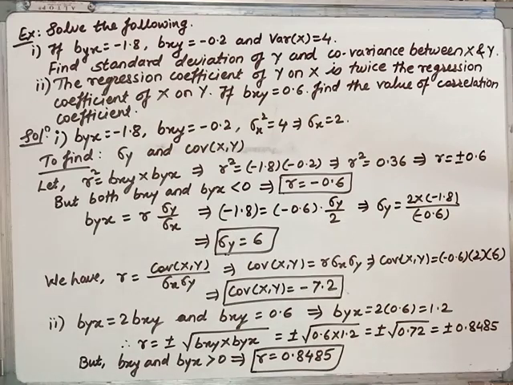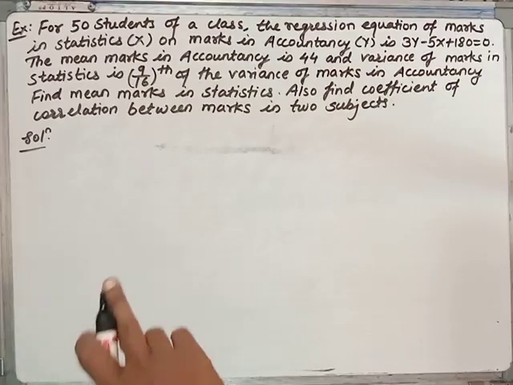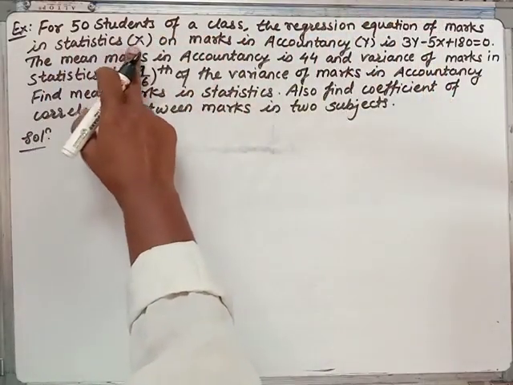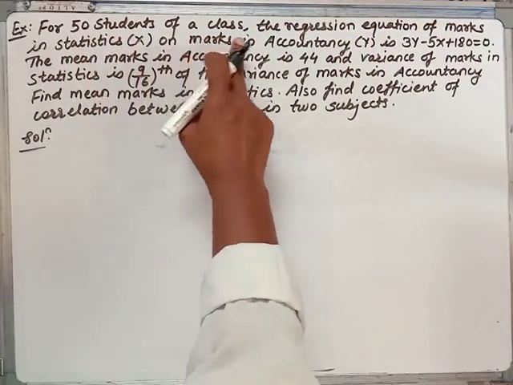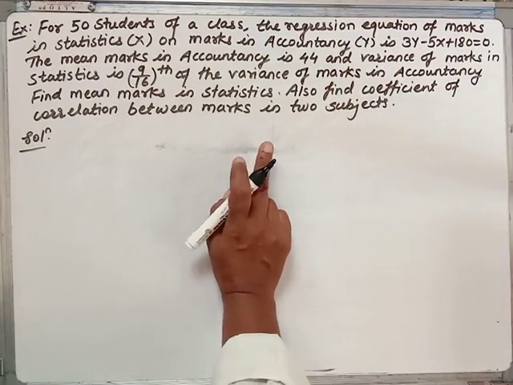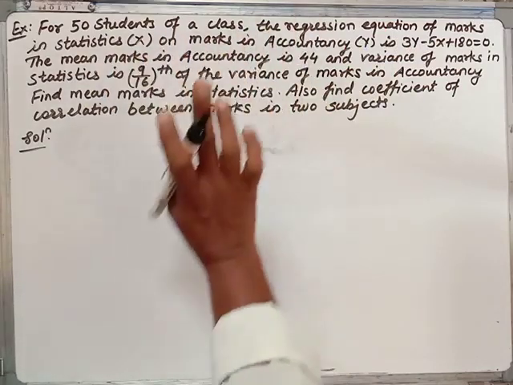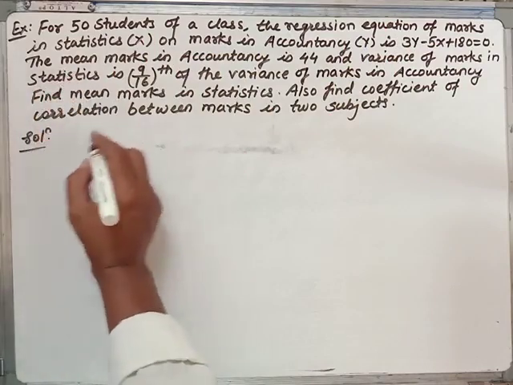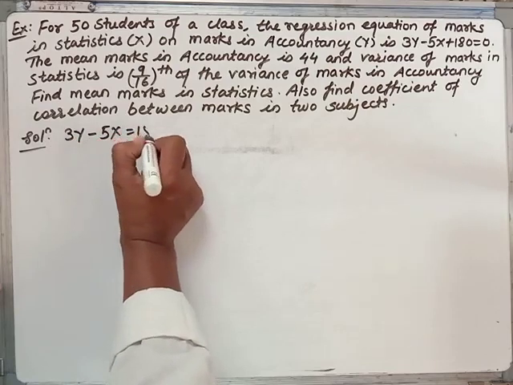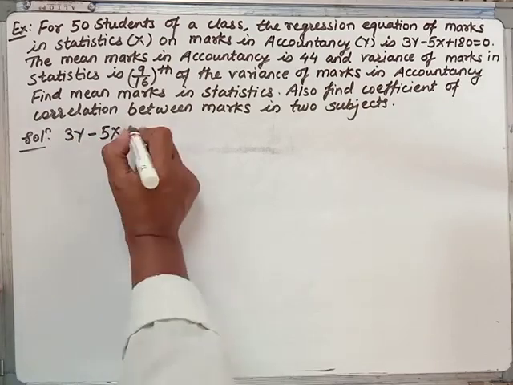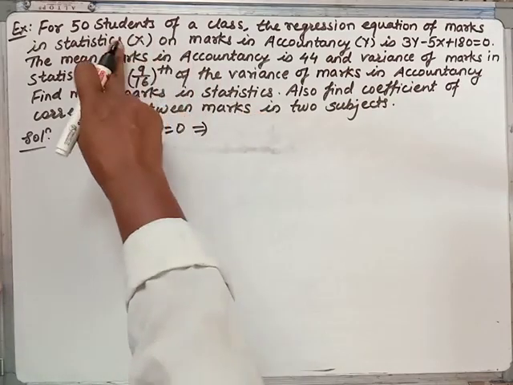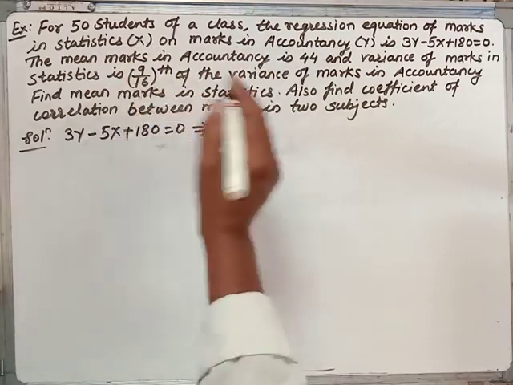Okay. Now next example. For 50 students of a class, the regression equation of marks in statistics, denoted by x, on marks in accountancy, that is y, is 3y minus 5x plus 180 equal to 0. Here x on y is given.